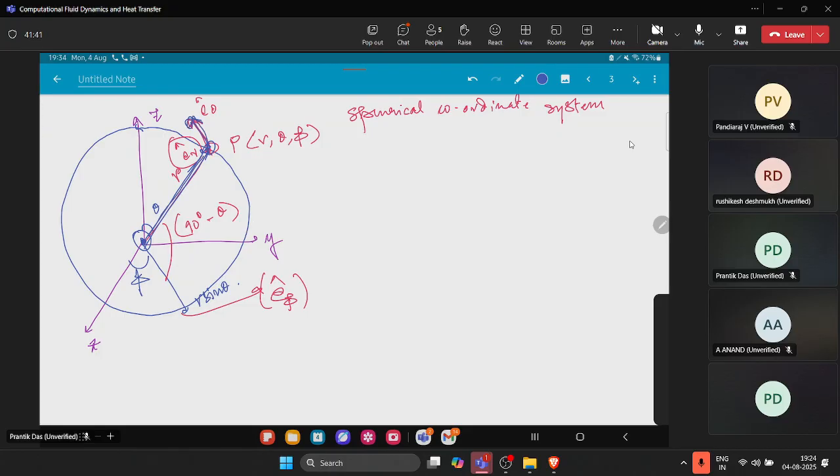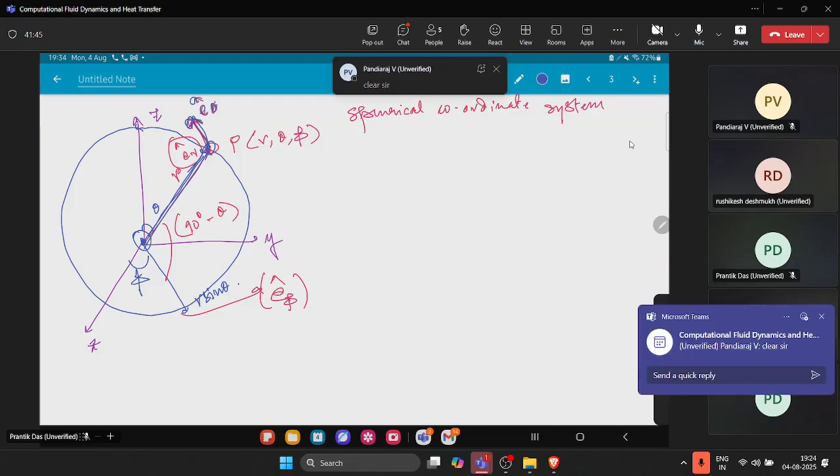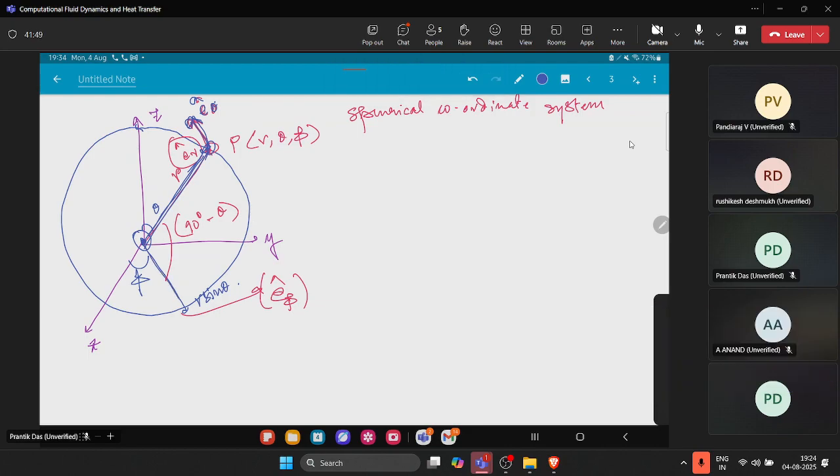And if it moves in the direction in which phi increases, which is on the xy plane, then it is called e phi cap. Okay. So is it clear, Rushikesh?